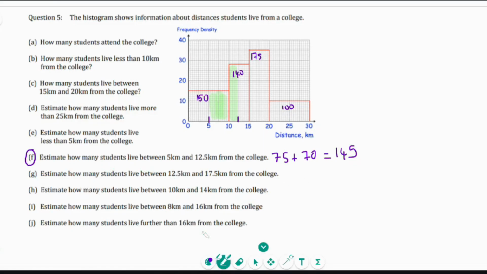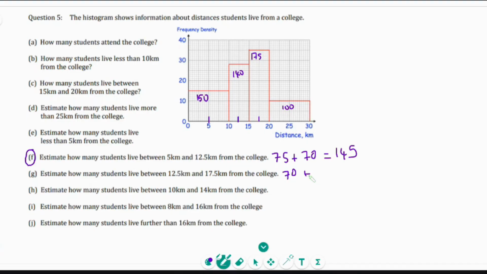Estimate how many students live between 12.5 and 17.5. There's 12.5, there is 17.5. So half of 140 is 70.